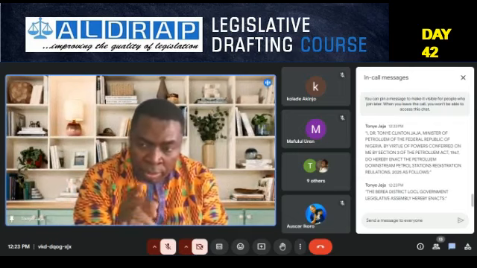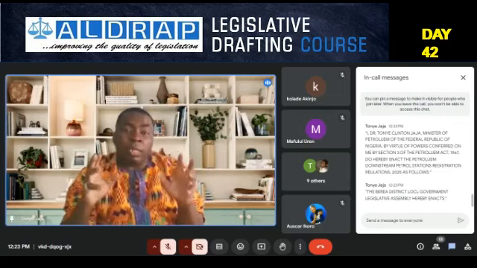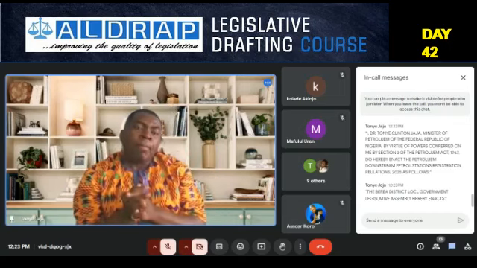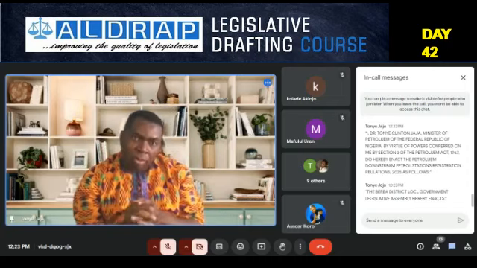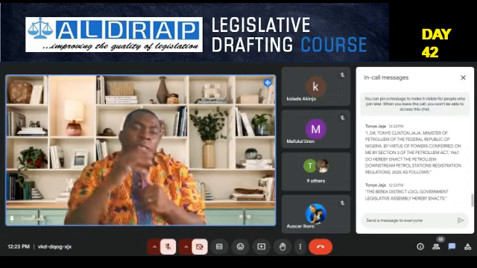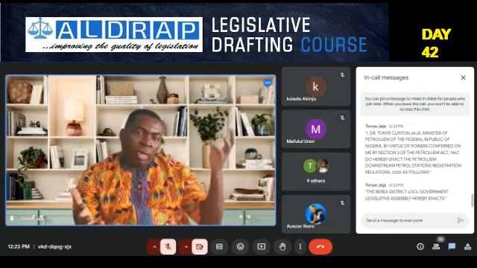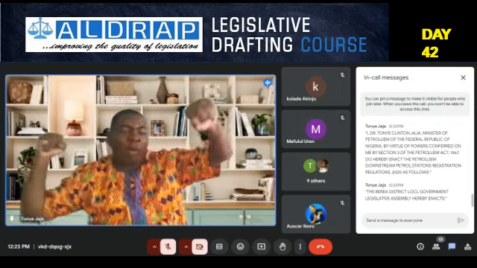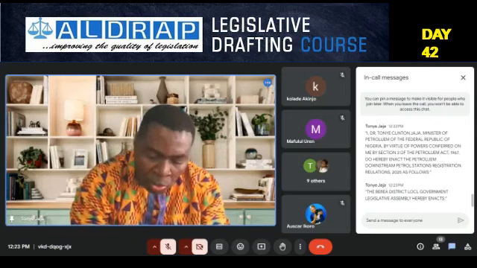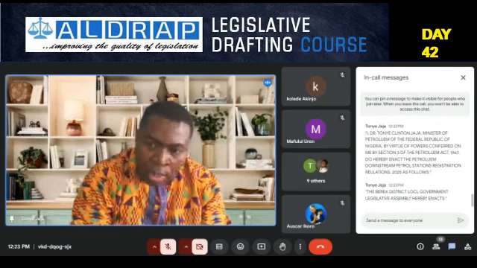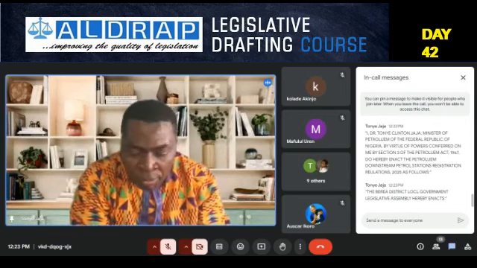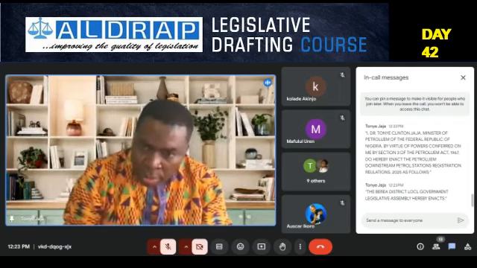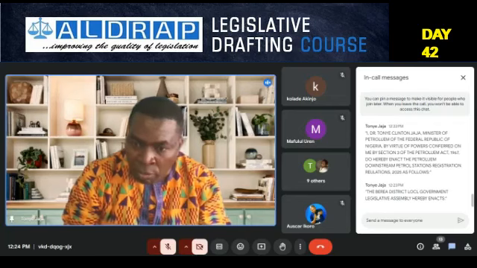Local governments, each state must pass a local government law. That's what they call it. It is that local government law that is the primary legislation from which local governments derive power to make bylaws. So in Nigeria, the enacting formula for any this thing would read as follows.